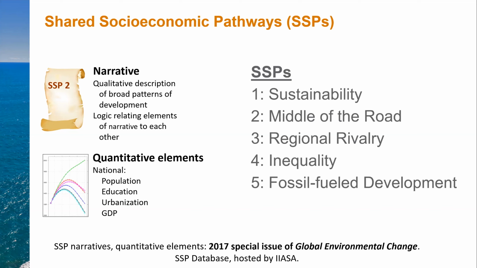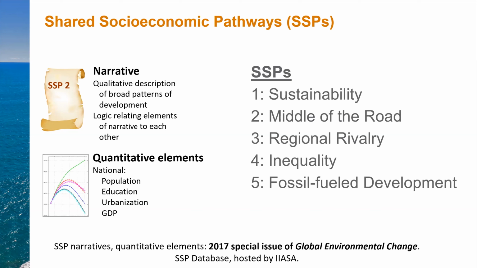And then there are a set of quantitative elements that are consistent with those stories about, okay, well, if population is growing at a certain speed, what's the population size in every country over time? The same goes for quantification of levels of education, of urbanization, and of the size of economies. These are done at the country level for the world.